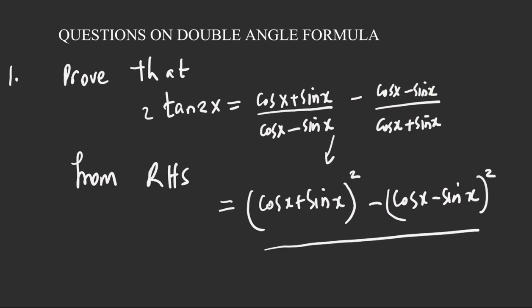You divide under the common denominator, which is actually (cosine x minus sine x)(cosine x plus sine x).